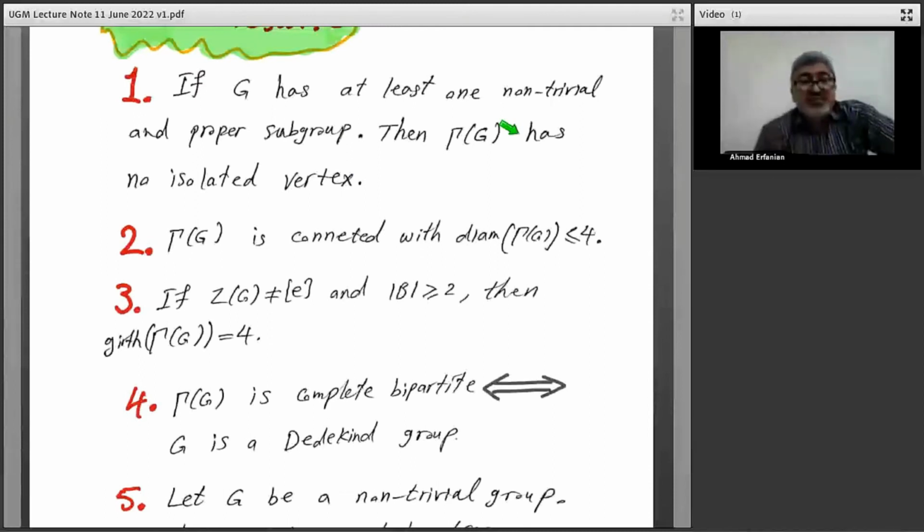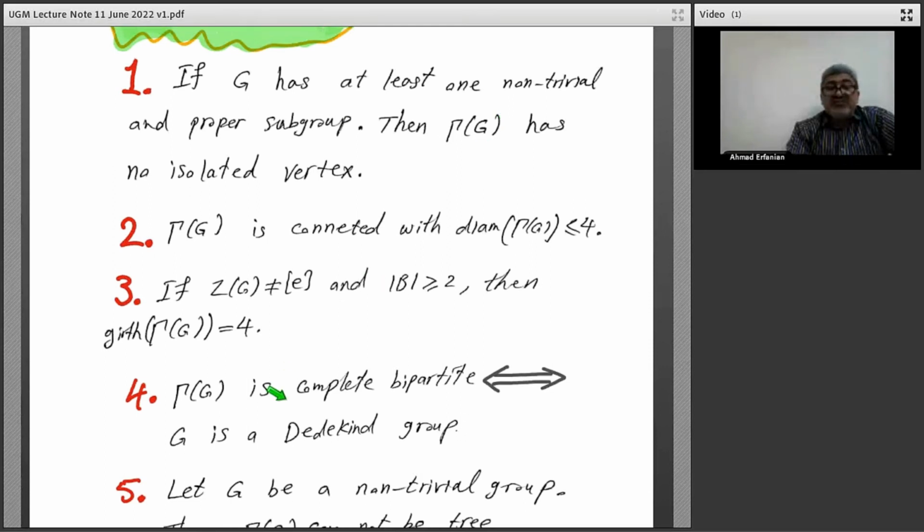Here are some results. If G has at least one non-trivial and proper subgroup, then the graph has no isolated vertex. The graph is always connected, and the diameter is at most 4. If the center is not trivial and the set B has at least 2 elements, then the girth is exactly 4.